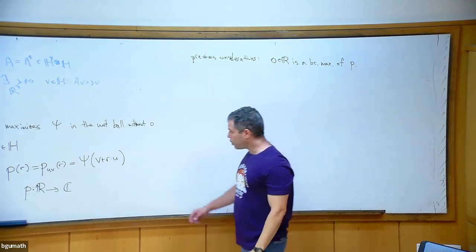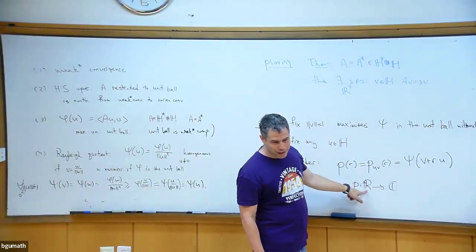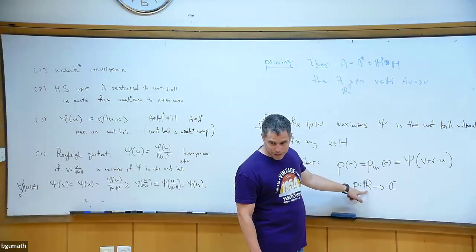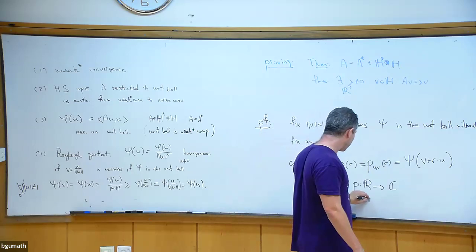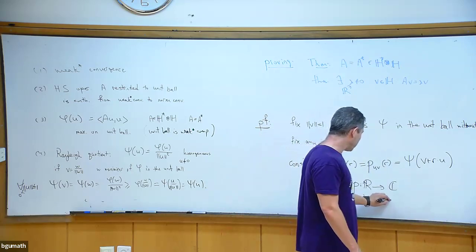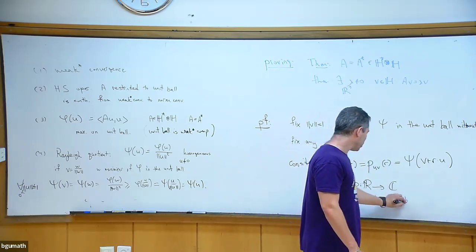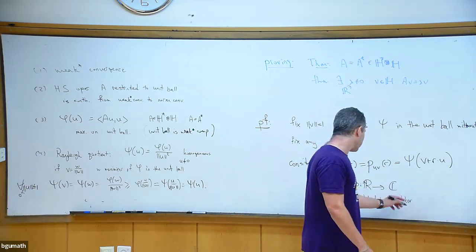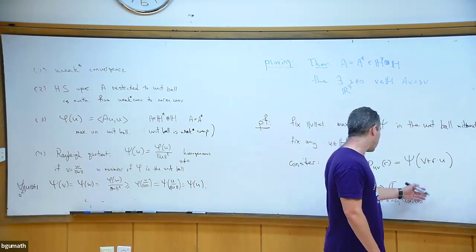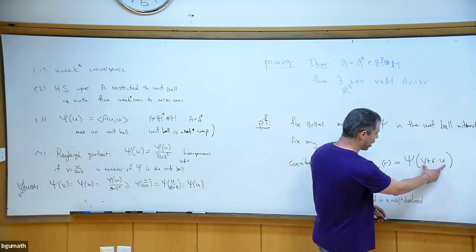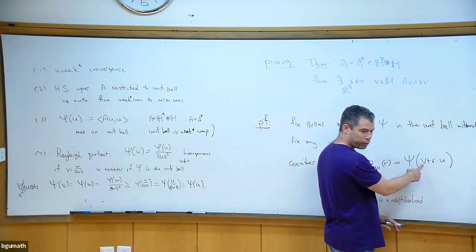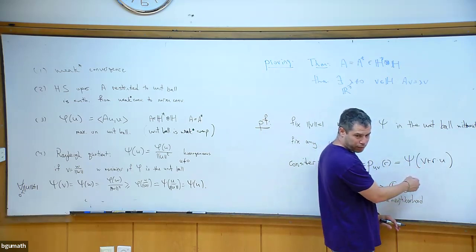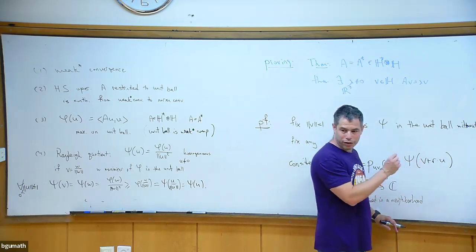First of all, this is not defined everywhere. This is not defined for all R. This is only defined in the neighborhood of 0. It's not an honest-to-goodness function on R. I need to tell you what happens if U happens to be a multiple of V and R is exactly the right number, then this is not defined.